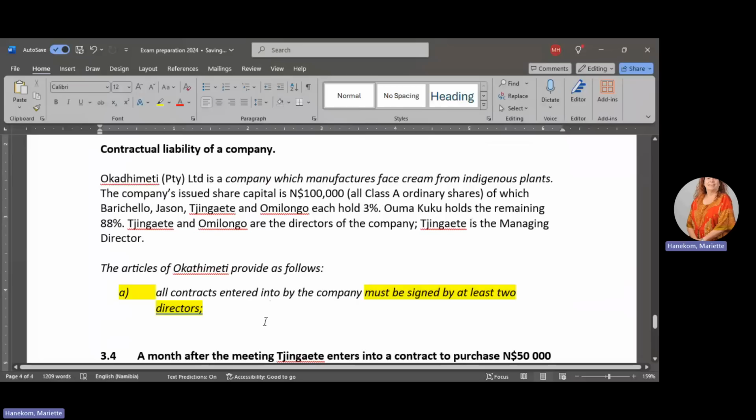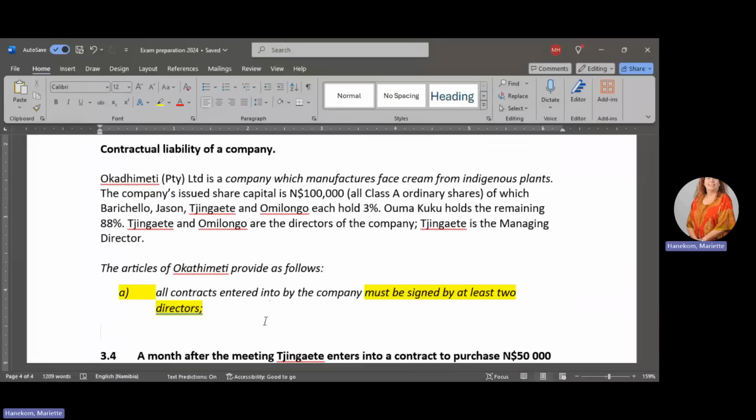Umilongo did not co-sign. Because Umilongo did not co-sign, Shingaete was in fact unauthorized. If you tell me Shingaete had implied authority, you did not get the mark, because that is wrong.